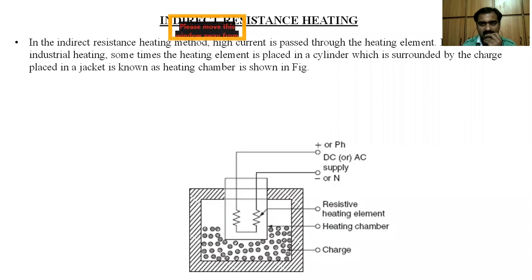This is a cylinder surrounded by the charge, that is, a heating chamber. For a single phase AC supply or a DC supply, two electrodes are sufficient to heat the charge. This is the process you see in indirect resistance heating.